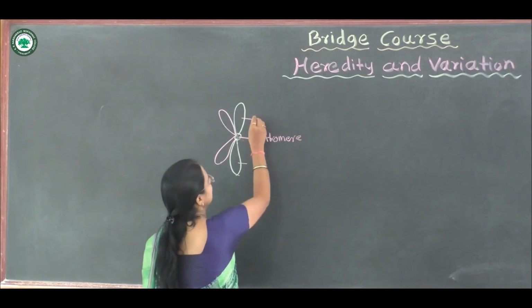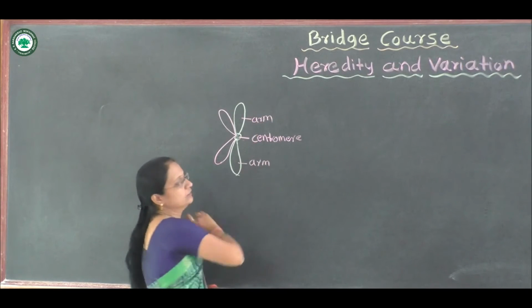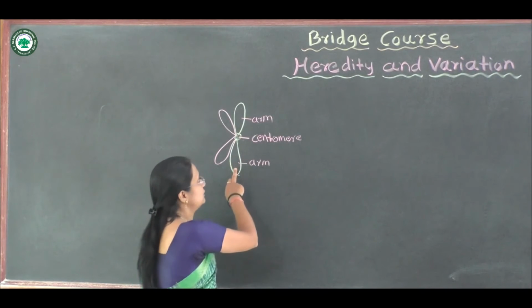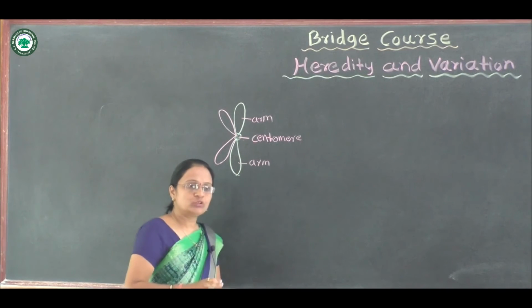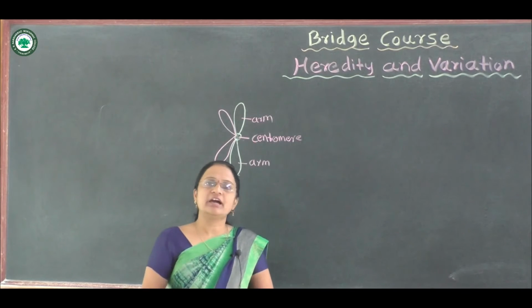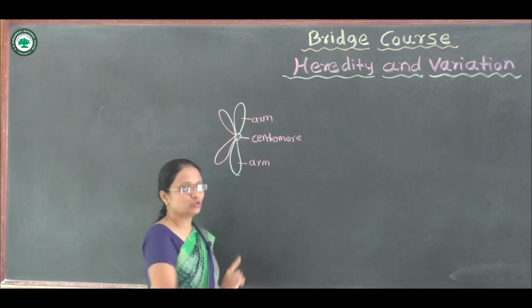This is one arm of the chromosome, and this is the other arm of the chromosome. Each chromosome has two arms, and these two arms are joined at one point, known as the centromere.